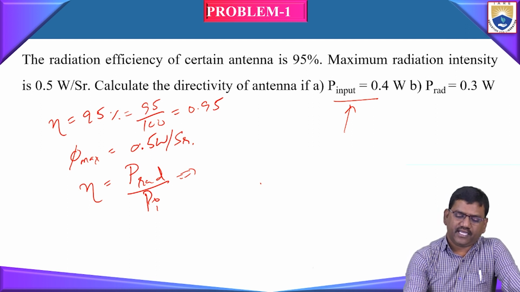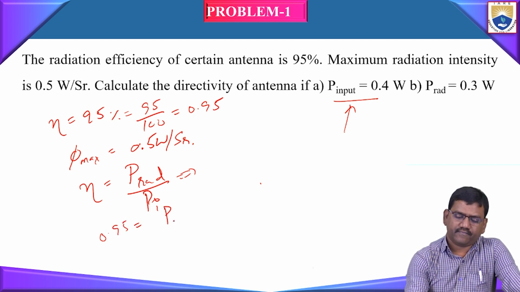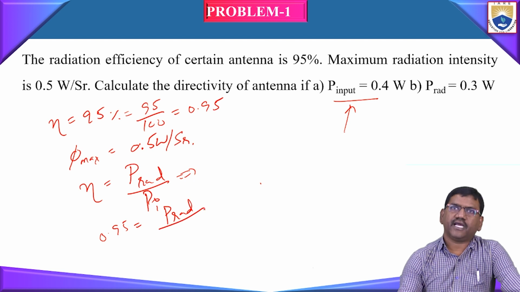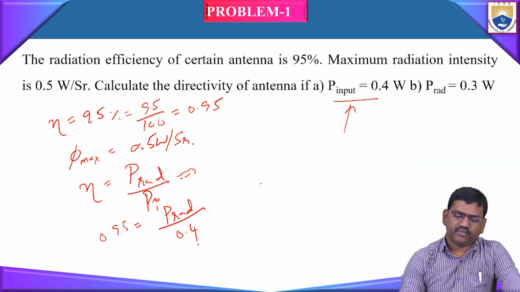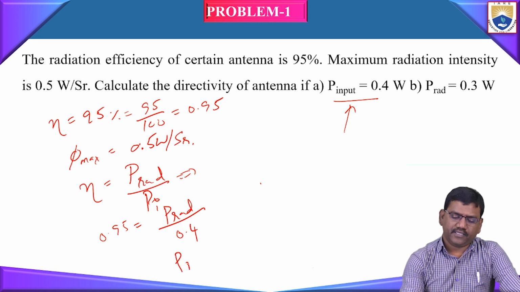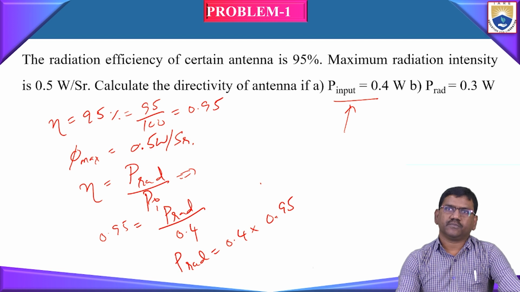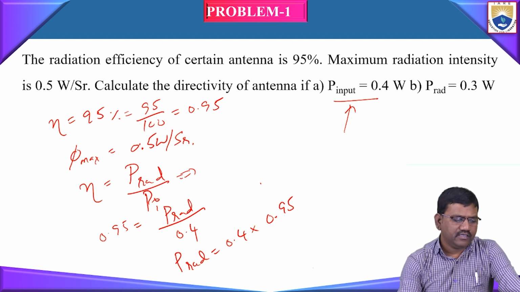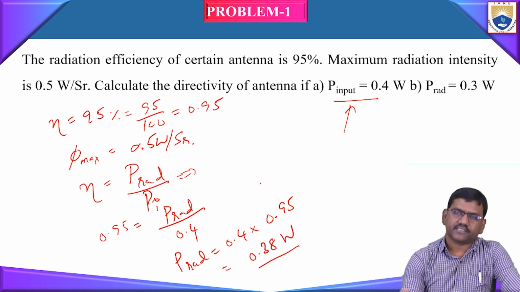So efficiency 0.95 is equal to P rad, the radiated power, divided by the input power 0.4. If you simplify this, you will get P rad is equal to 0.4 into 0.95, which is approximately 0.38 watts.